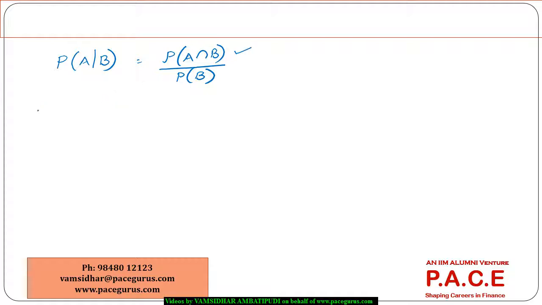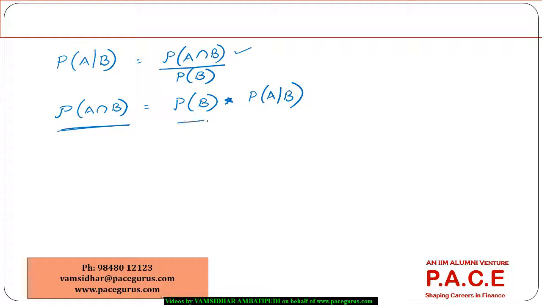And one more derivation from this. If I am more interested in finding out probability of A intersection B, it is nothing but probability of B multiplied by probability of A given B. It means A intersection B is one of the events occurring, and given that the first event has occurred, what is the probability of the second event?